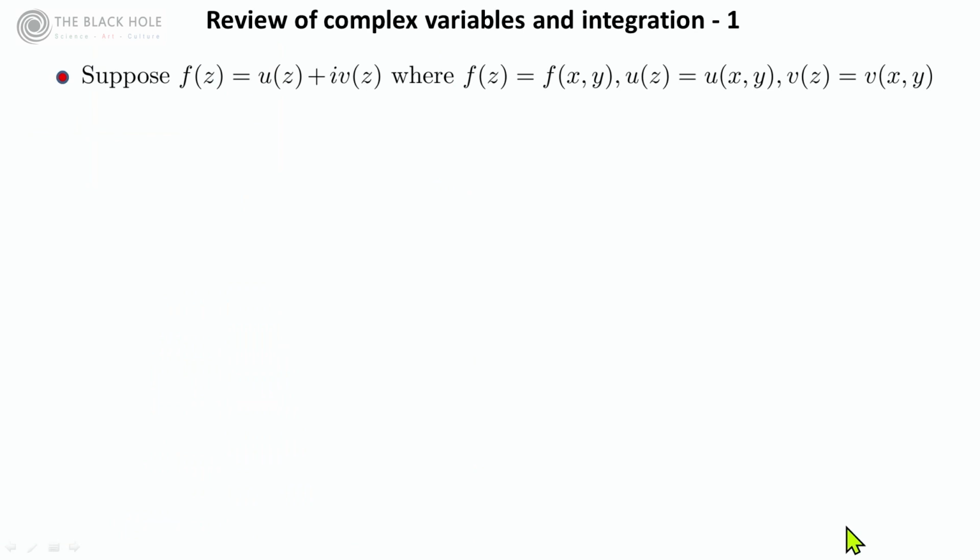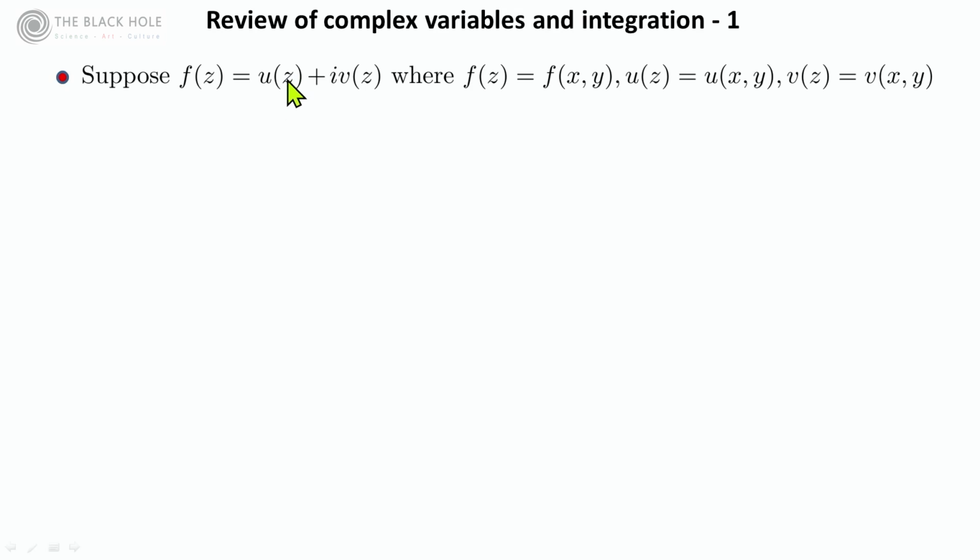Okay, since some of us are a little rusty on complex variables, others are up to speed, but let's just quickly go over the theory of complex variables. So take a function which has a real part and an imaginary part. The real part is a function of z.